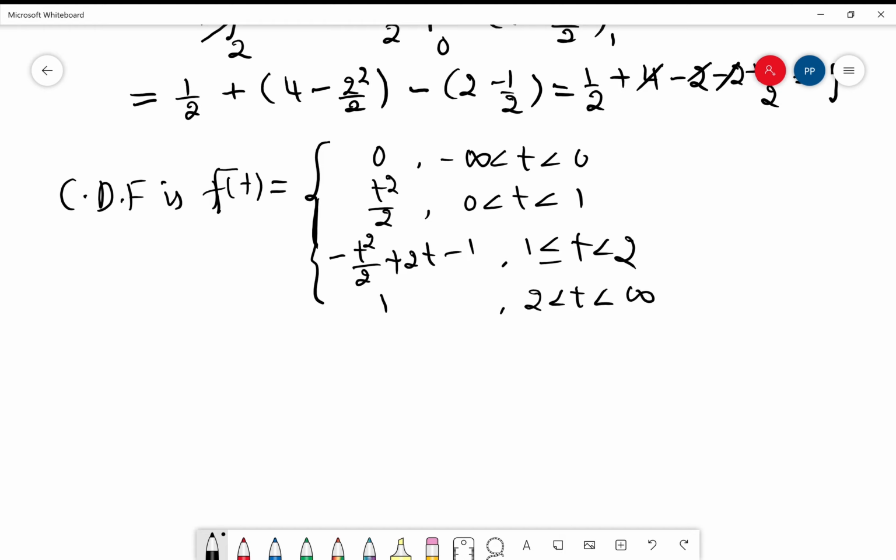Now, using this, we can easily find the probabilities of the different intervals asked in the problem.